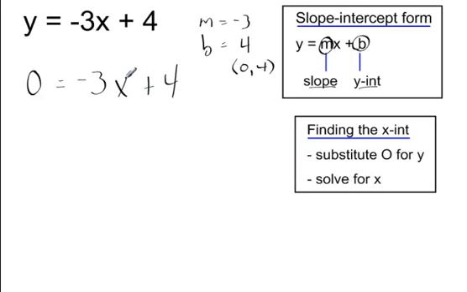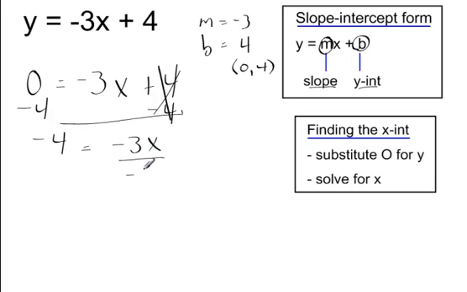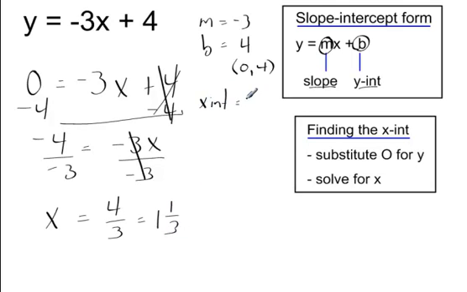I have to get the x by itself, so I'm going to get rid of the number term first by doing the opposite of positive 4, which is negative 4. Those cancel. I'm left with negative 4 equals negative 3x. I have to get rid of the negative 3 in front, so I'm going to do the opposite operation and divide by negative 3. They cancel, so I'm left with x equals negative divided by negative is a positive, and I have 4/3 or 1 and 1/3. So our x-intercept is 1 and 1/3.